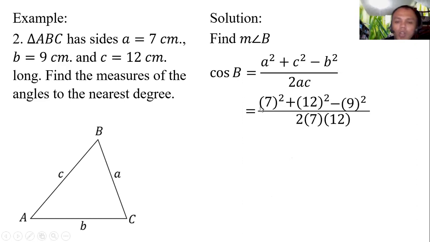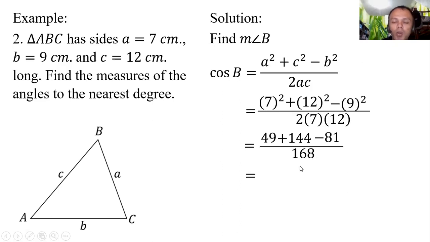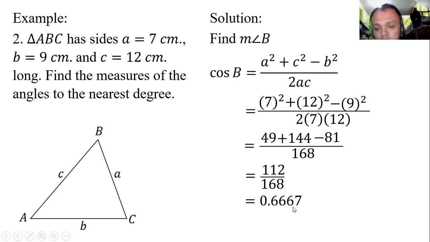Then we have 7 squared, over 2 times 7 times 12. 7 squared is 49, 12 squared is 144, 9 squared is 81, over 2 times 7 times 12 is 168. 49 plus 144 minus 81 is equal to 112 divided by 168, and that is equal to 0.6667.